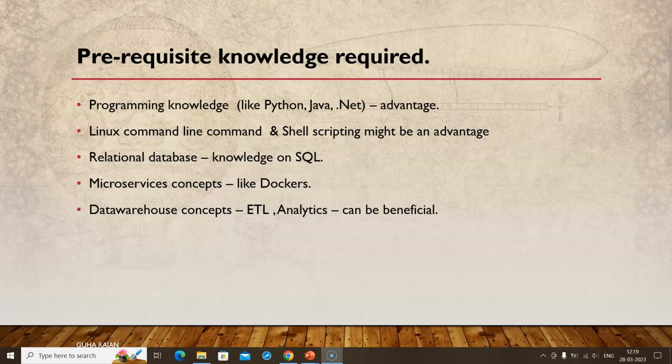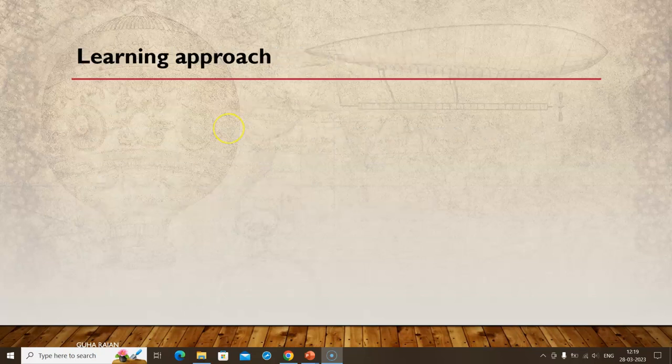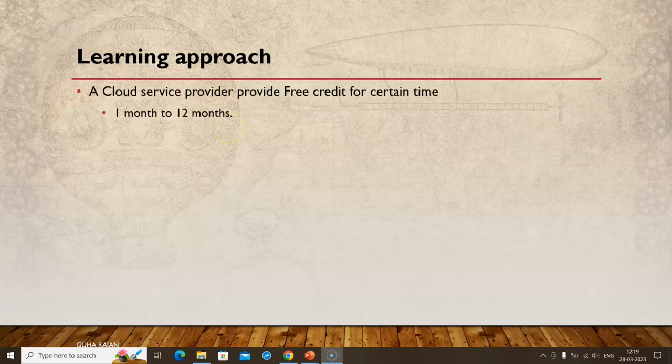the cloud infrastructure. And finally, the learning approach. One is that all the cloud services provide free credit for a certain period of time. It can be 1 month or 12 months. So if you have a credit card and the prerequisite knowledge, probably you can opt for the free credit.